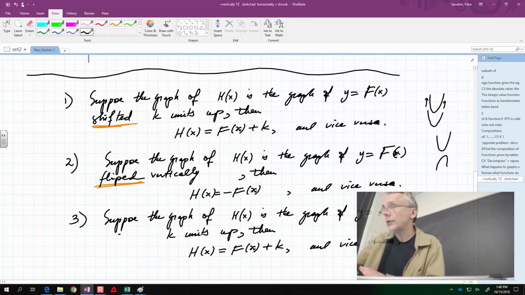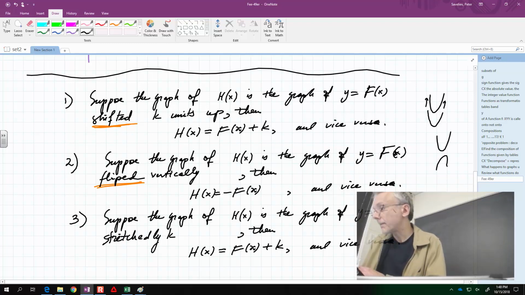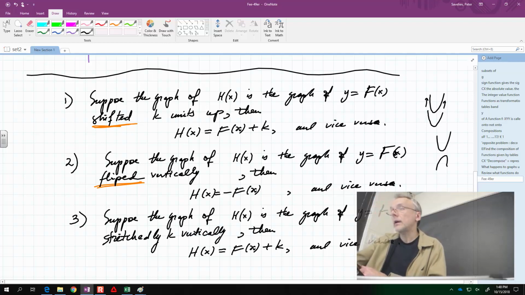A stretch by a factor of k, still vertically. Then that k appears simply as a multiple, like this.